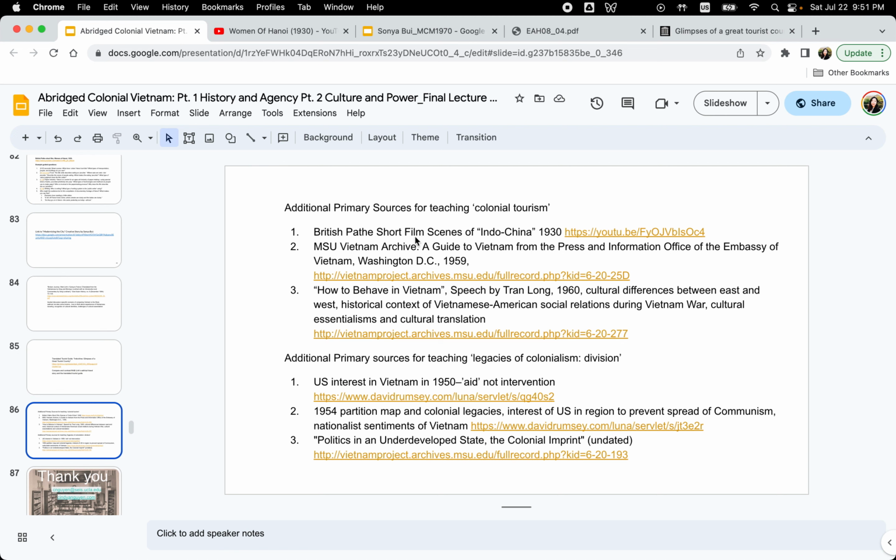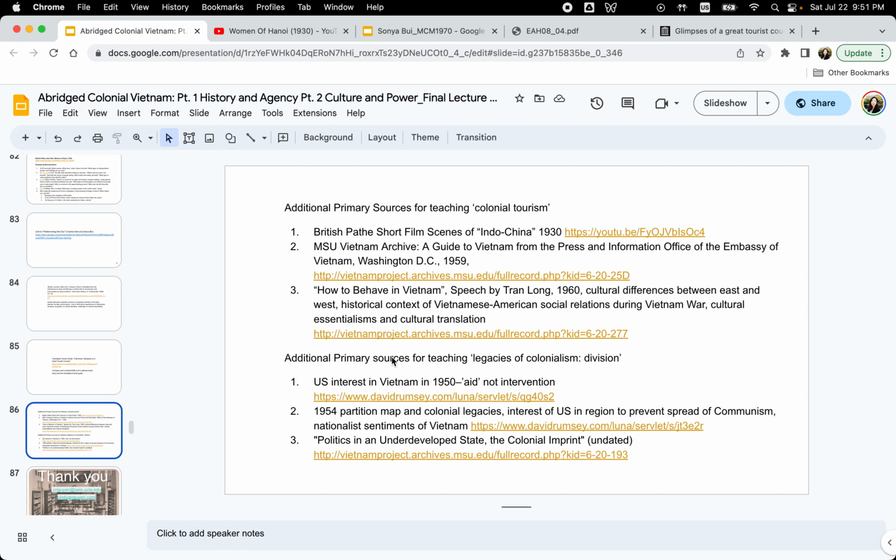There's essentially a United States version of a guide to Vietnam that you can read here. This is an interesting cultural translation guide from 1960, written by a Vietnamese individual who explains the cultural differences between East and West, really targeted to explain to the American population the social relations during the Vietnam War.